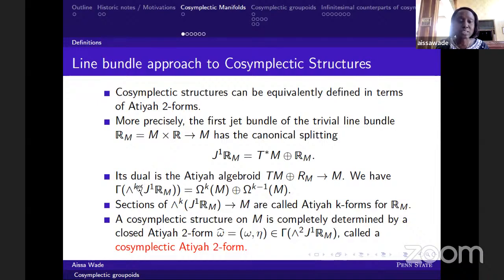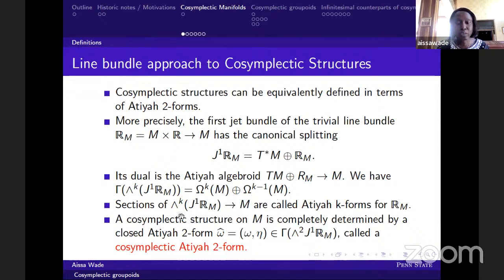Now, if I take sections of this bundle, this is just the direct sum of k-forms and (k minus 1)-forms.